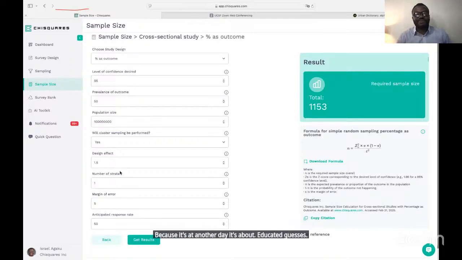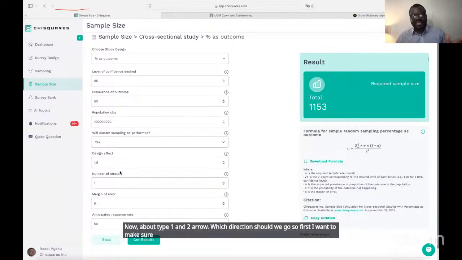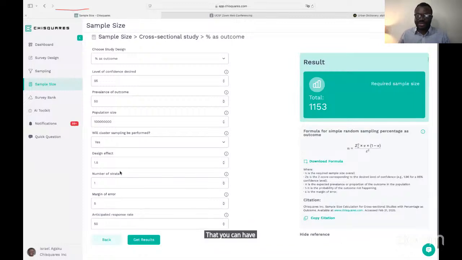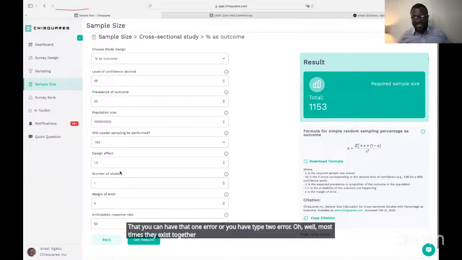Now, about type 1 and type 2 error, which direction should we go? First, I want to make sure we all understand that sometimes we imagine that you can only have one of those two things, that you have type 1 error or you have type 2 error. Well, most times they exist together in the same study. Imagine this guy is doing a fishing expedition, and at the same time, he's doing a whole bunch of subgroup analysis, right?